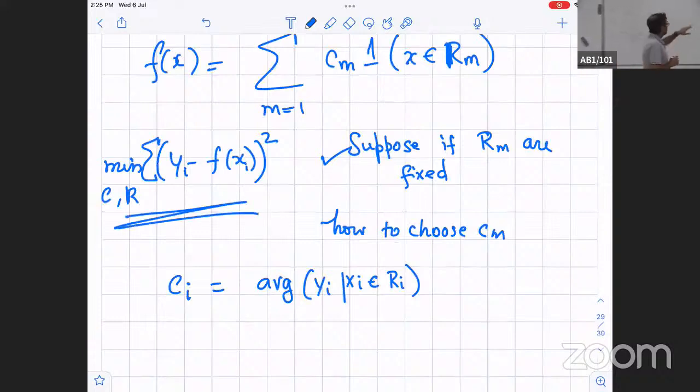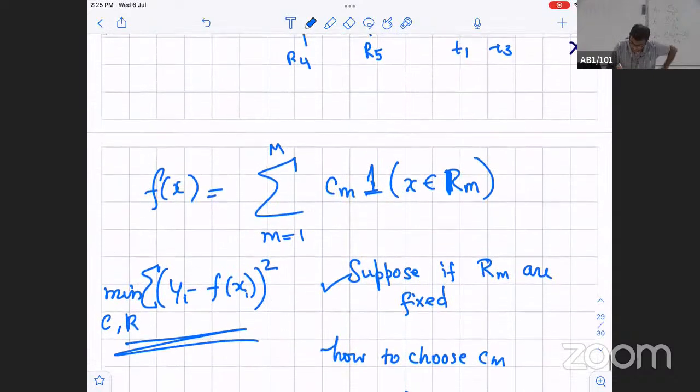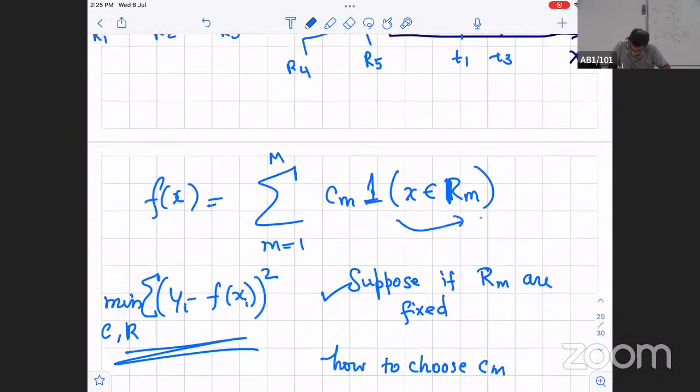So there are two things that we need to do: you need to fix c as well as the regions, because cM and RM are both variable. Good question, this is called an indicator function.